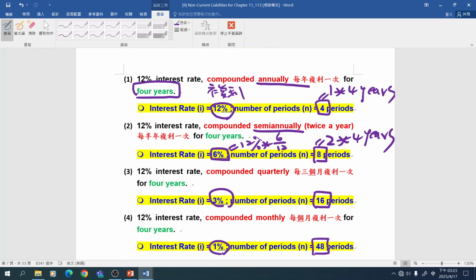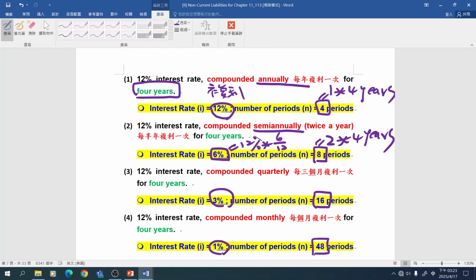Finish pages 10, 11, and 12. After you've done page 12, you will understand that when compounding periods are different, 复利期间不一样, they will affect your present value and future value.